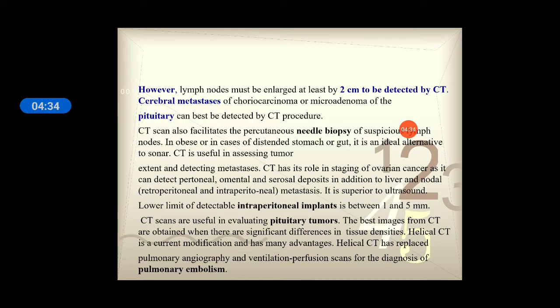The lower limit of detectable intraperitoneal implants is between 1 and 5 mm, and CT scans are useful in evaluating pituitary tumors, as I have already mentioned.